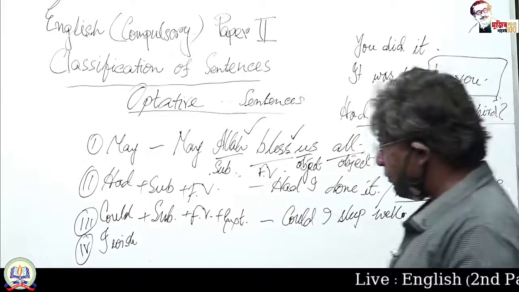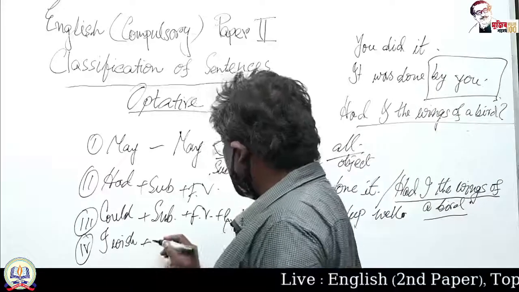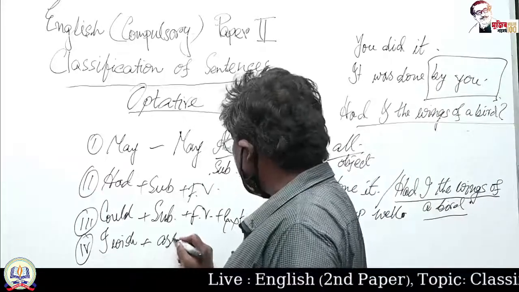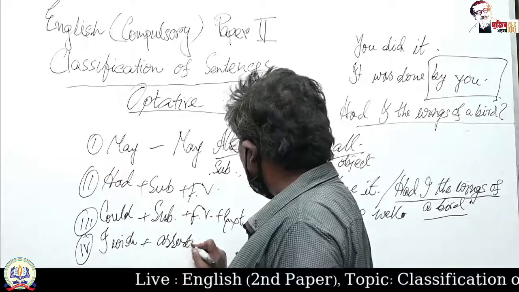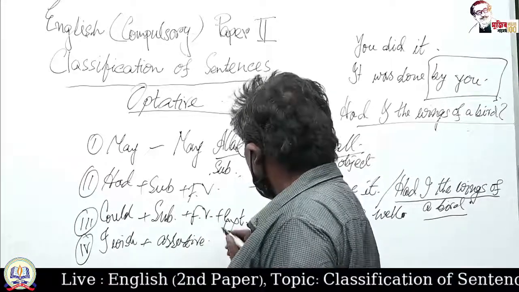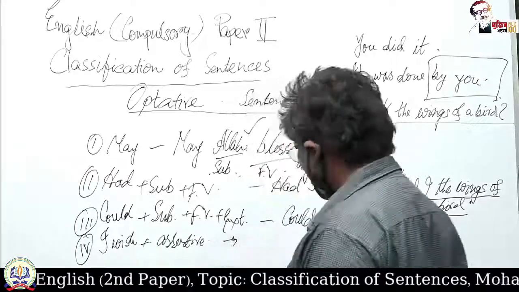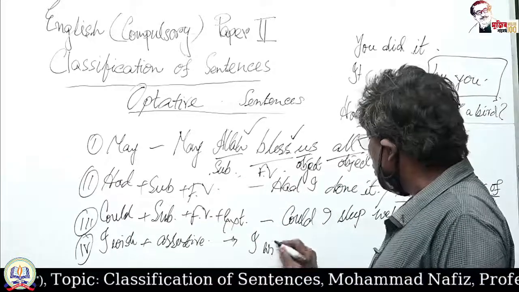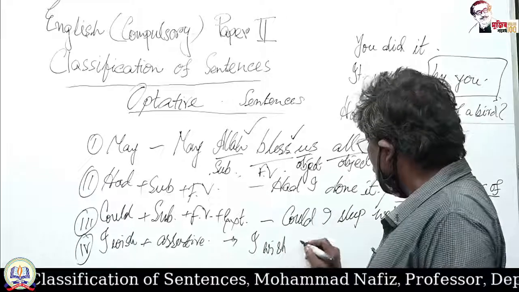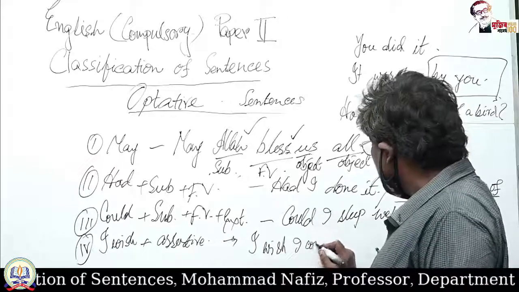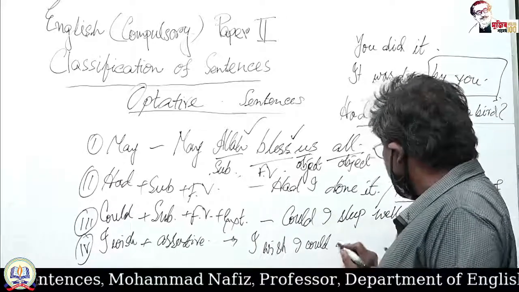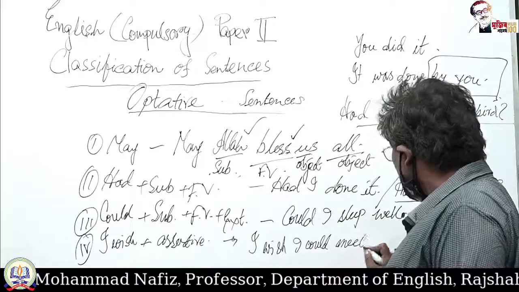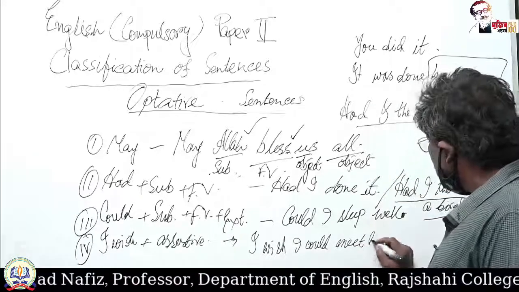And finally, 'I wish' plus an assertive sentence makes an optative sentence. 'I wish I could meet him.'